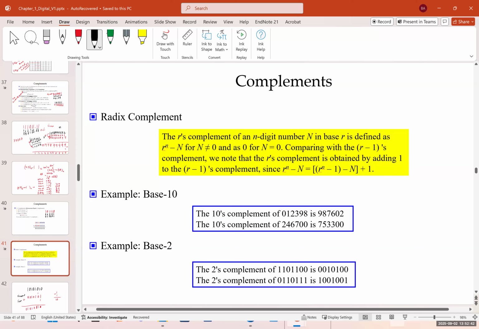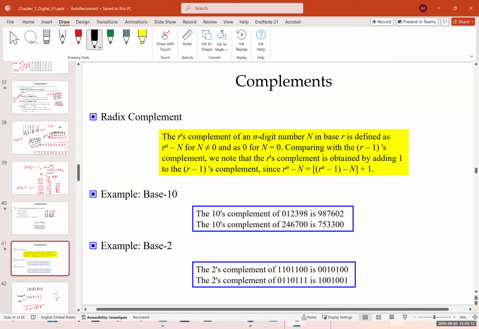The easiest way that I could ever find the radix complement is just to find the diminished radix complement and add 1 to it. The r's complement, or radix complement, of an n-digit number N in base r is defined as r^n minus N for N not 0, and as 0 for N equal to 0.